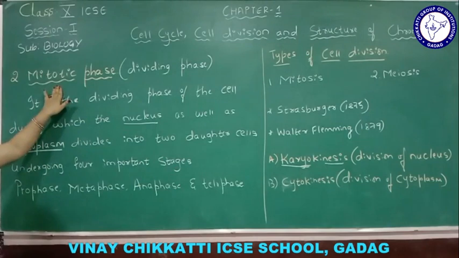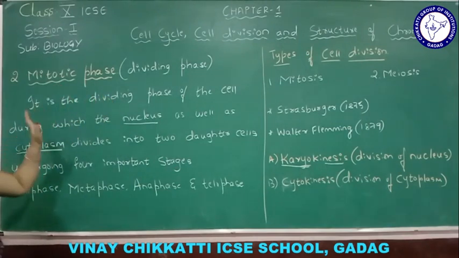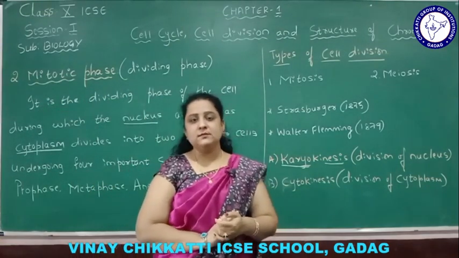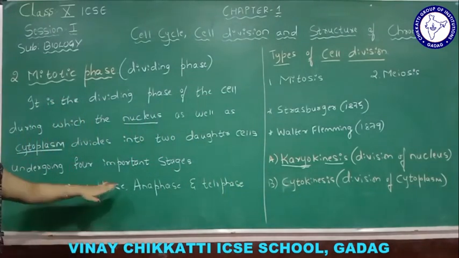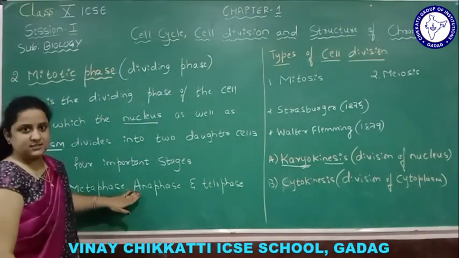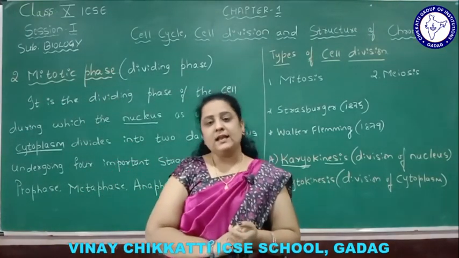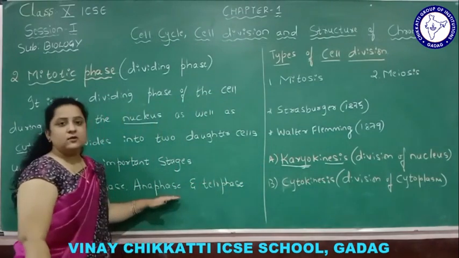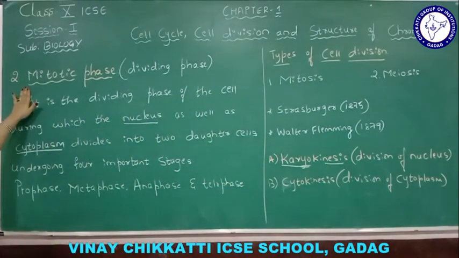The mitotic phase is also called the dividing phase. Here the nucleus and cytoplasm divide into 2 daughter cells by undergoing 4 important stages, that is prophase, metaphase, anaphase and telophase. These 4 are the stages of mitosis. So once again, the mitotic phase is the dividing phase of the cell.